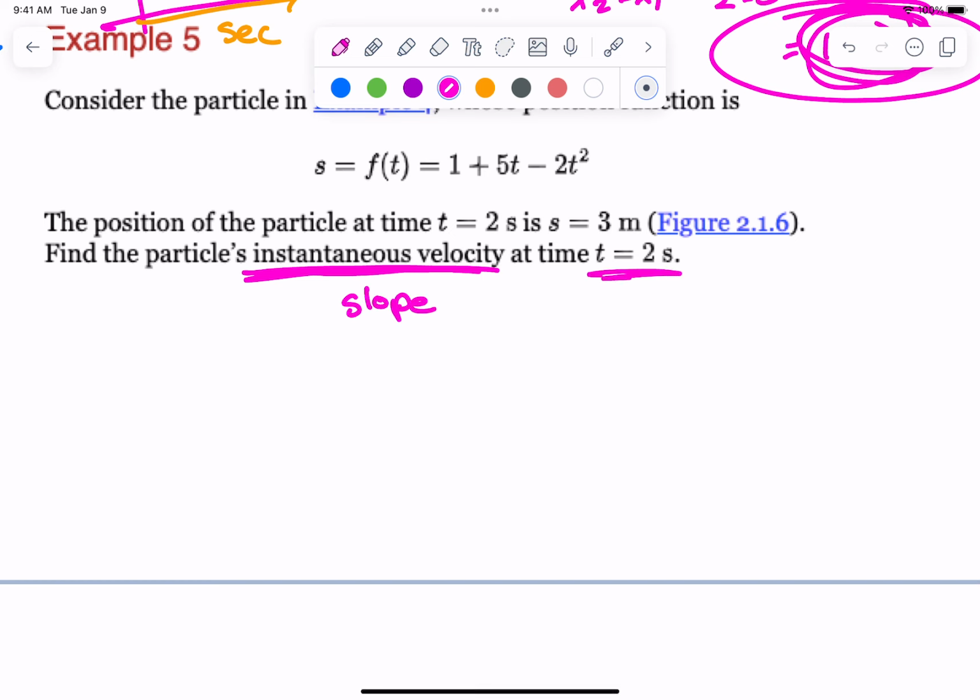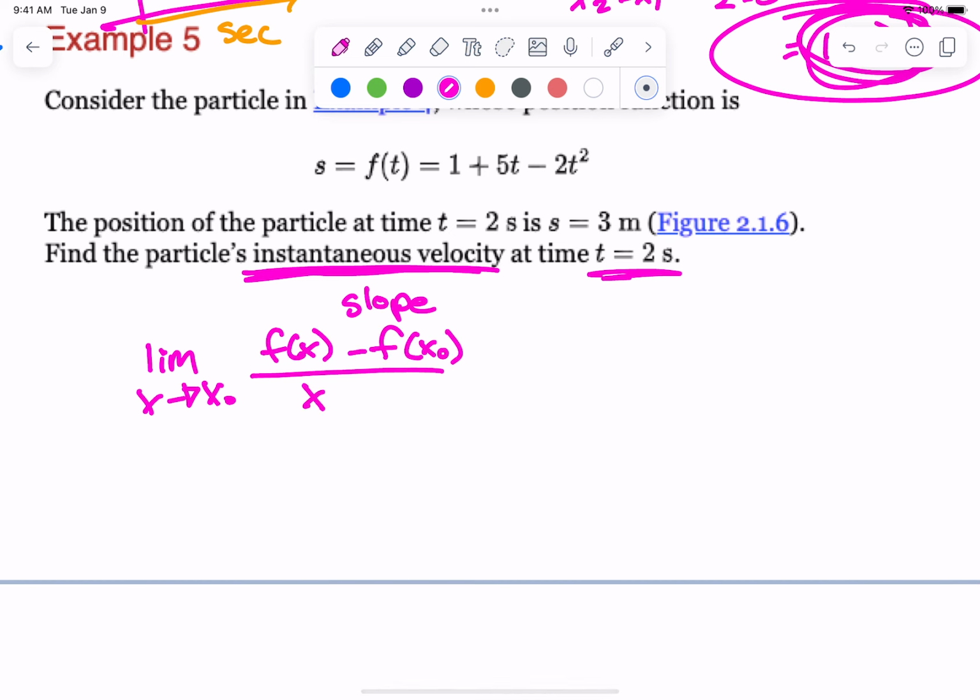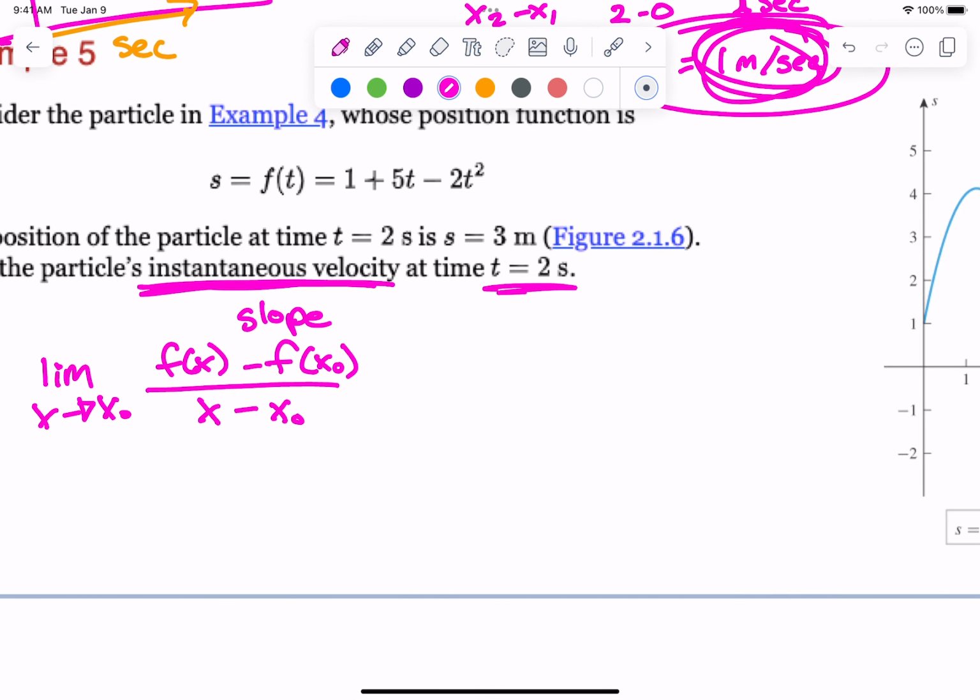Okay? So what we're doing is we're looking at the limit as x goes to x naught of, here's this function again, f of x minus f of x naught all over x minus x naught. Now the 2 things that I need are my point, and I need my function, my f of x. My function is 1 plus, I'm going to call him x.